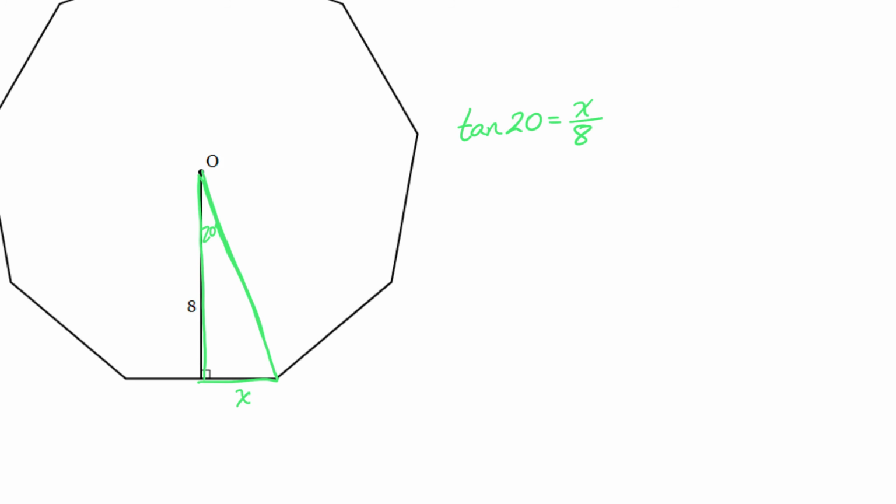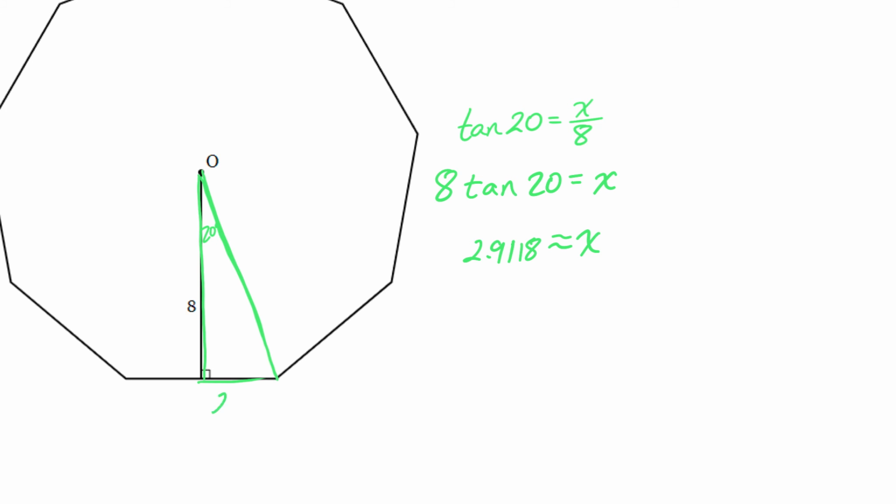We could multiply this side times 8. This would be 8 tangent 20 equals x. And 8 tangent 20 equals 2.9118. So this is no longer unknown.